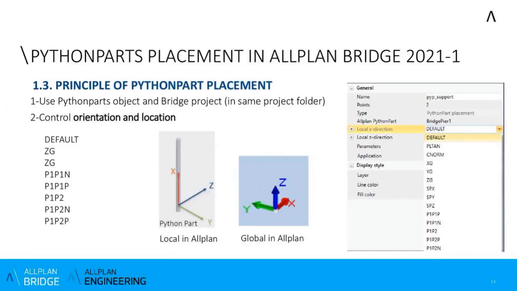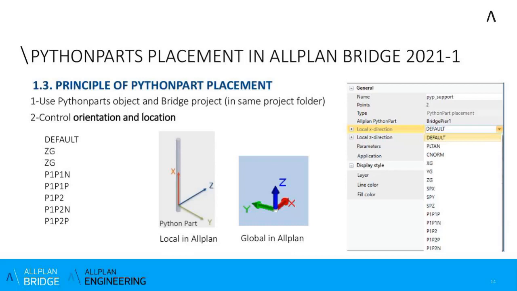Yeah, it's also explained about the axis system, the orientation of objects in Allplan Bridge and Allplan. In Allplan, the Python part helps with coordinates, local coordinates, and this is the global in Allplan.